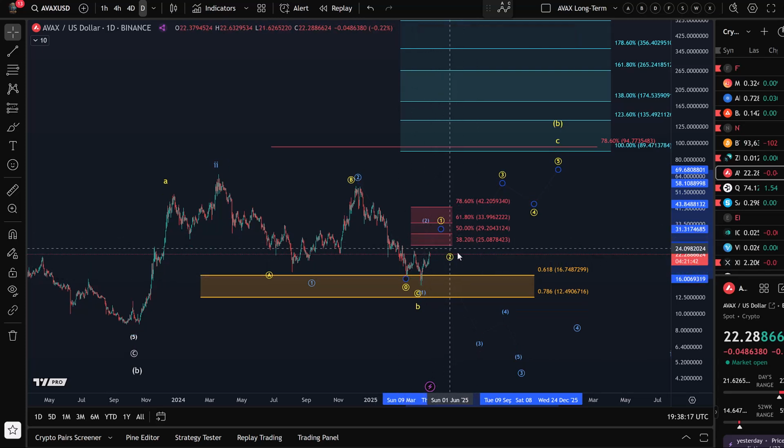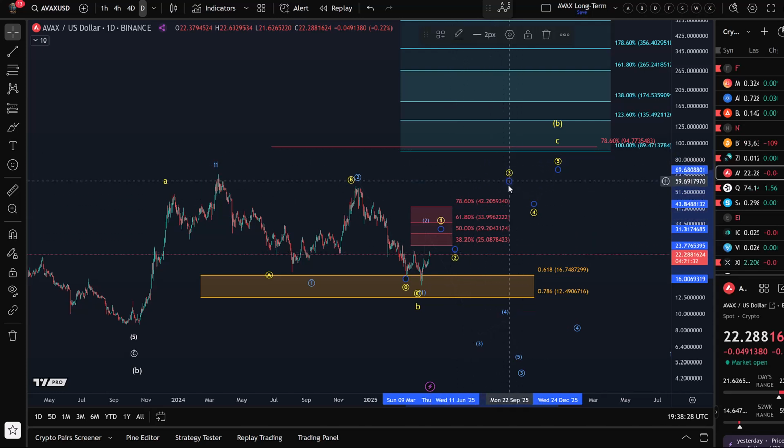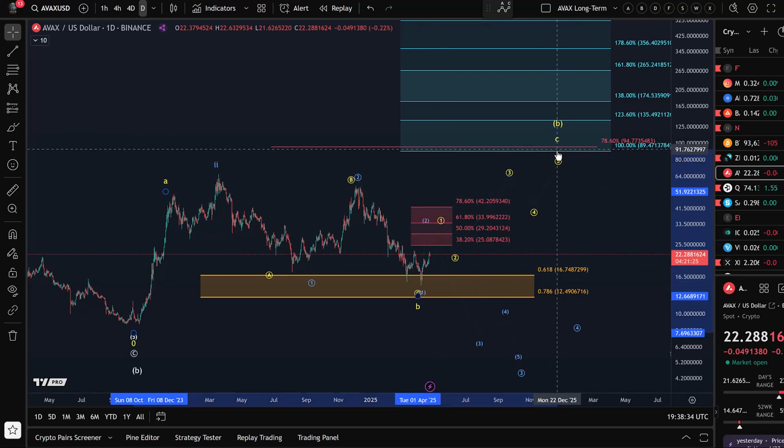And the price could use the support area for wave 2, which we cannot define yet. We can add that, and the price can use that for really rallying and running in the third wave, because the third wave is normally the most aggressive part in a trend.